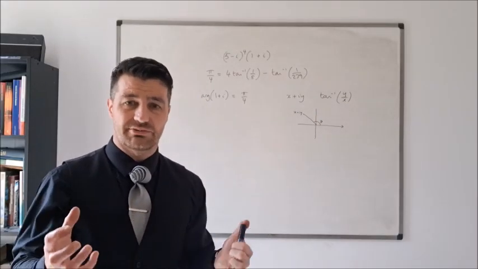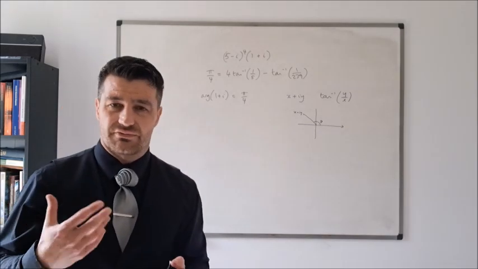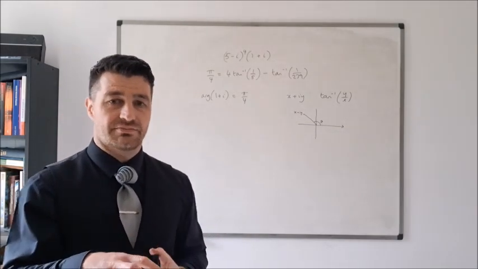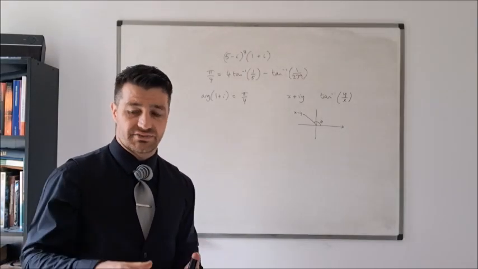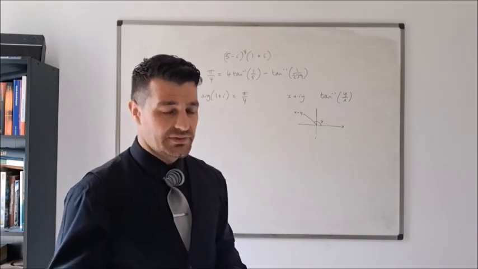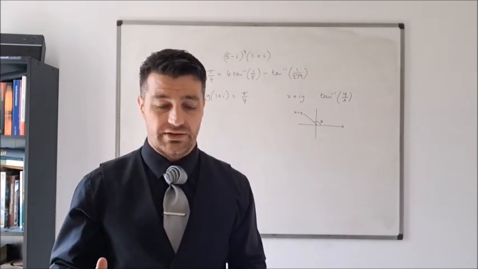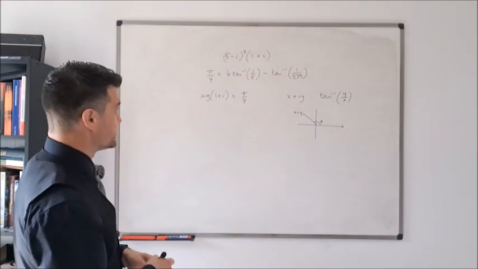If you're used to dealing with complex numbers, you'll know what I'm talking about. If you're not too familiar with them, spend a little time finding out about complex numbers and arguments. I'm not going to go through it in this video, but do your own little bit of independent research. It's always a good thing to do.